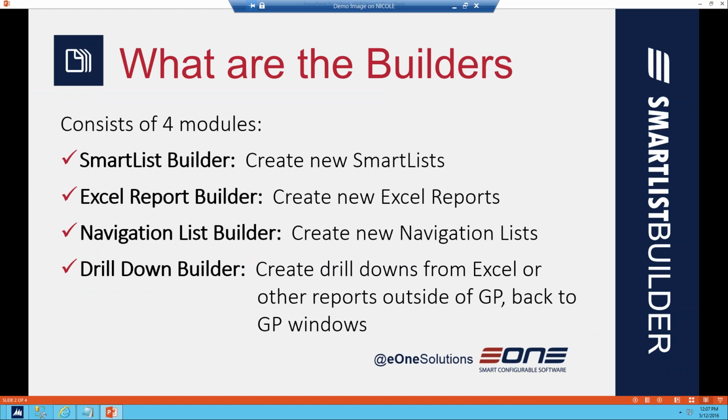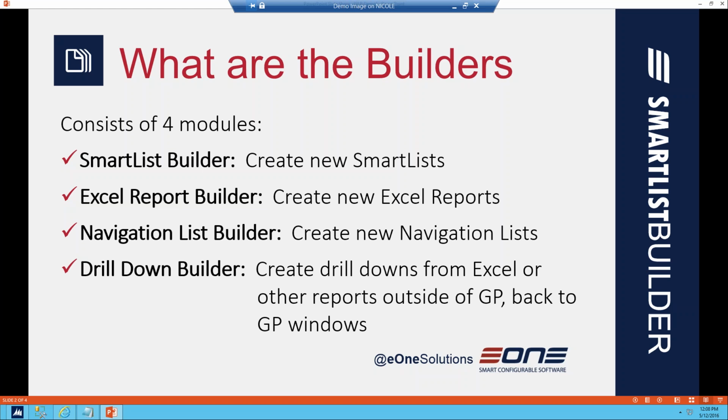The default ones you get, like the sales transactions you use every day, may not have all the columns you want, or maybe you use a third-party module and there is no smart list that integrates with it. We can use SmartList Builder to create new lists to grab the data you want. We'll talk about what data we can pull in, but basically we can get almost anything you need out of your GP data into a smart list for you to use. So that's SmartList Builder.